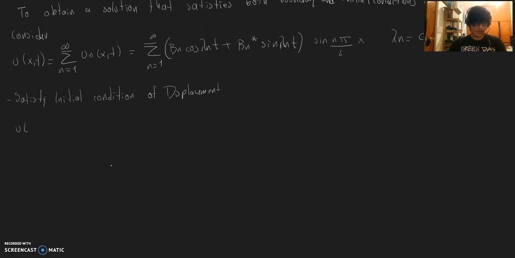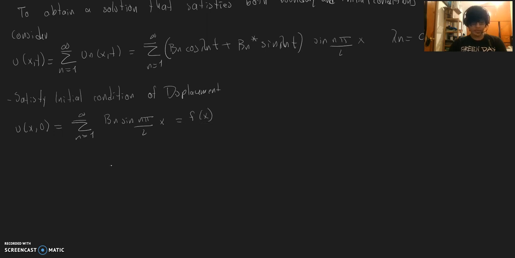That is u at time 0 is equal to the summation from n equals 1 to infinity of Bn sine of n pi over L times x equals f of x, which we already mentioned.